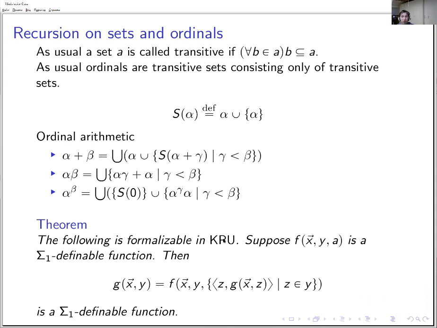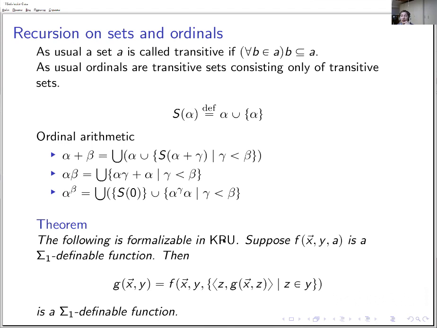Okay, and as usual, we have the successor operation on ordinals. Here you can see the standard definition of arithmetic on ordinals. Now the point is that to carry this definition out in Kripke-Platek theory, we want to use recursion on sets.